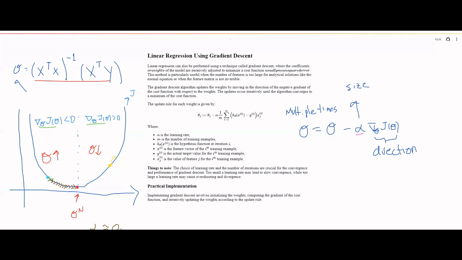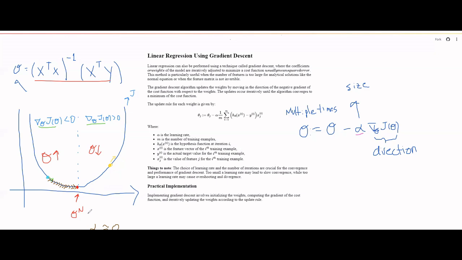So having a very small alpha is not efficient because you're going to waste a lot of time getting towards the minimum. It's not that bad in the sense that you would eventually get there, but it may just take too much computing power. And remember, the whole reason why we're thinking about gradient descent is because we know that inverting all of these matrices may be too computationally expensive.